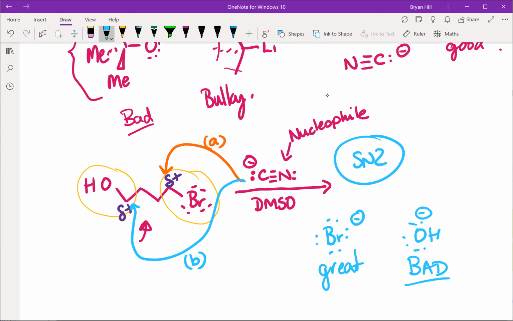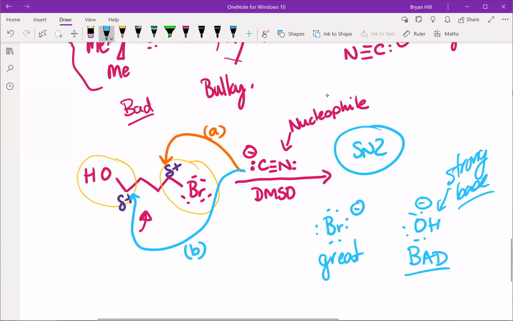So they're anions which can stabilize a negative charge really well. Bromide can stabilize this negative charge in its big orbital. Hydroxide would only be stabilizing it because it's electronegative. But this is a strong base, and strong bases aren't good leaving groups. You want an exceedingly weak base. So that's how leaving groups come into play.